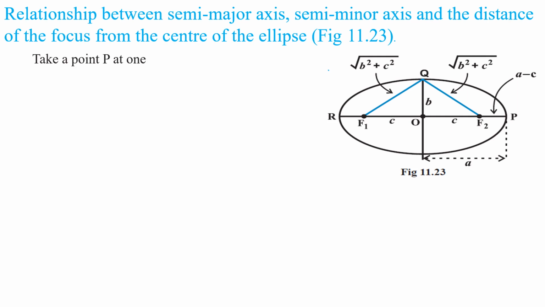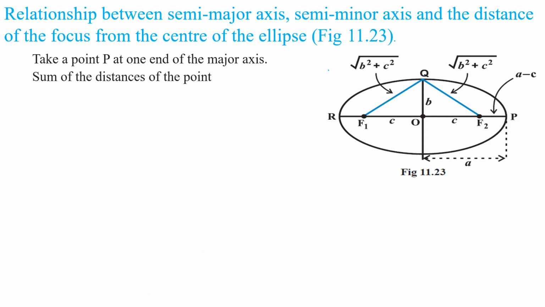Take a point P on one end of the major axis. Here we have taken a point P at one end of the major axis. Okay, my children, see here. P is taken at one end point of the major axis.